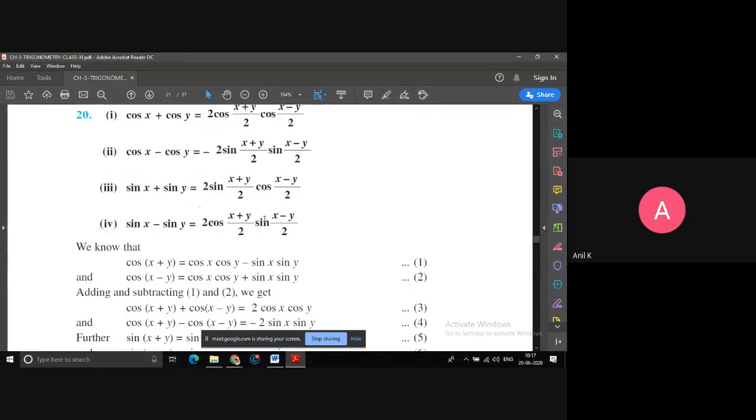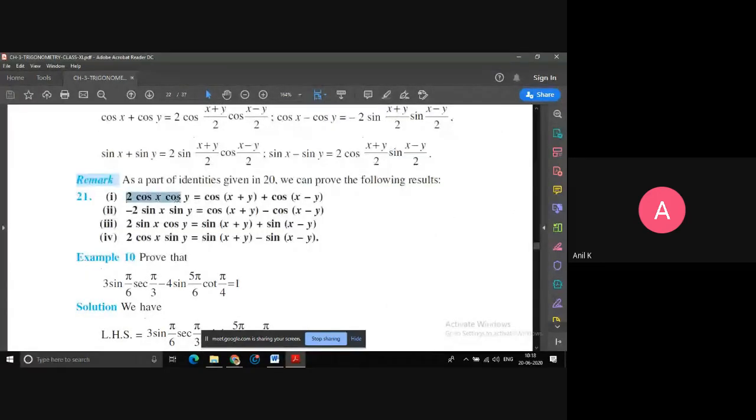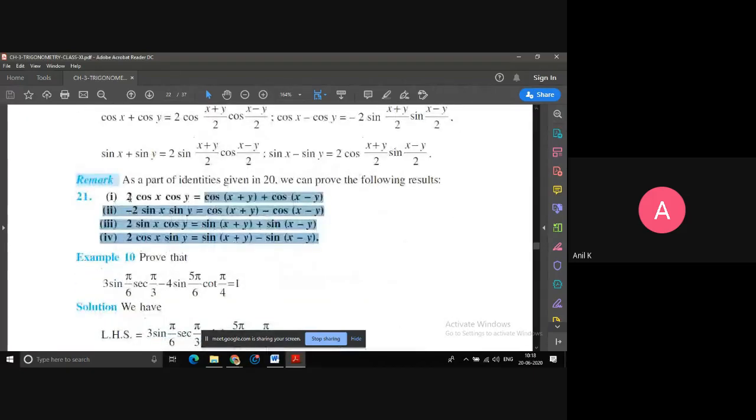When I come to the 21st identity, the product of two trigonometric functions is converting into addition or subtraction. If you observe these identities carefully, in the 20th, sum or subtraction is converting into the product, and here the product of trigonometric functions is converting into sum or subtraction.